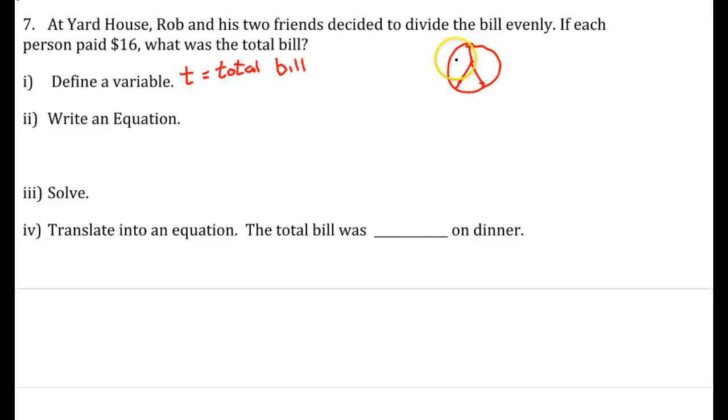And they each paid $16, right? So how much would that be altogether? Yeah. So 16 times 3 would equal our total bill.